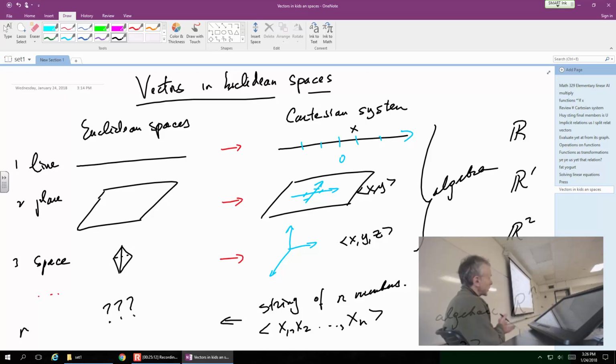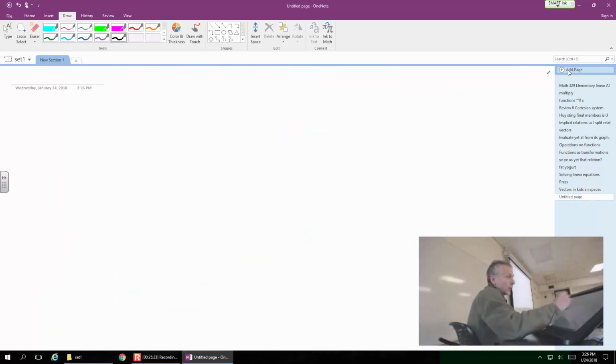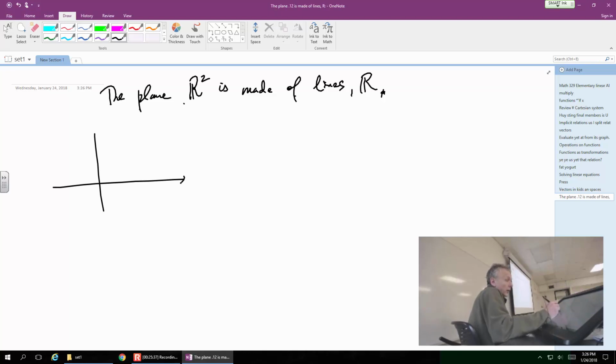But at least even n-dimensional space is made of lower dimensional spaces. So for example, you can see that the plane is made of lines, right? So the plane R2 is made of lines. Okay, so let me just illustrate. All we have to do is just to repeat one of the axes.